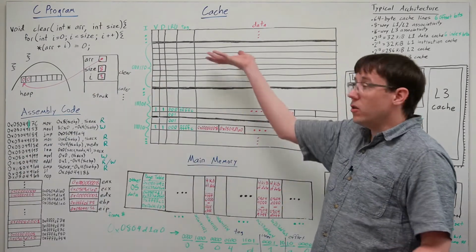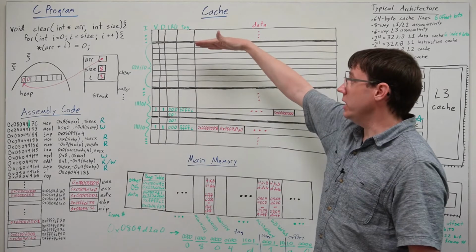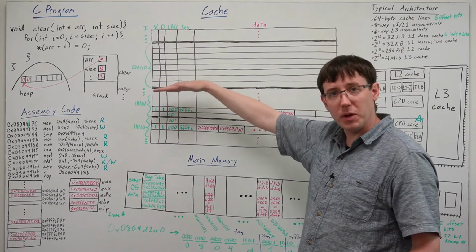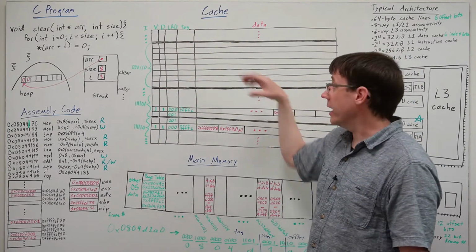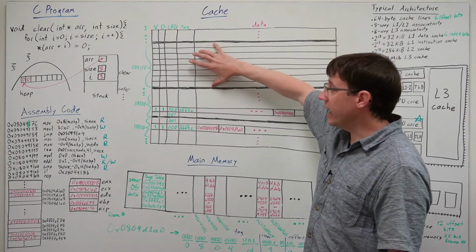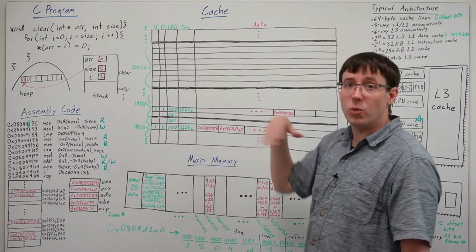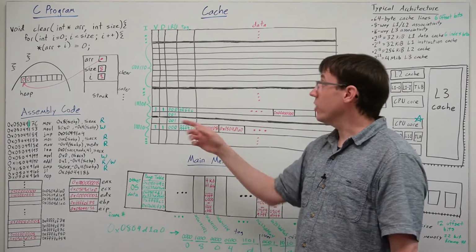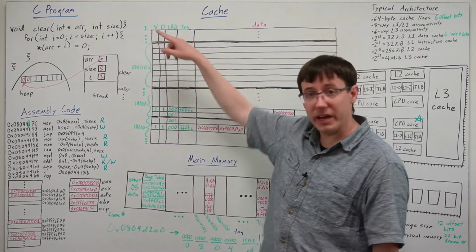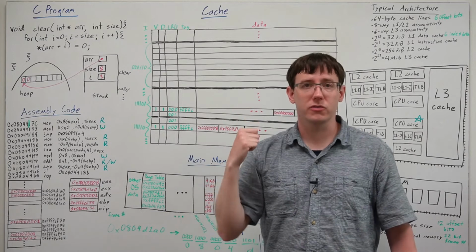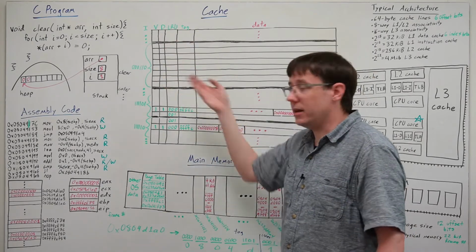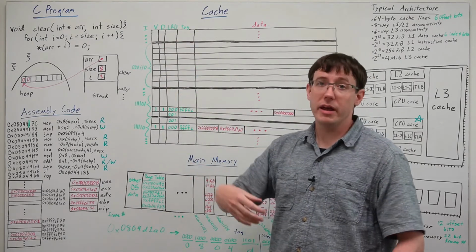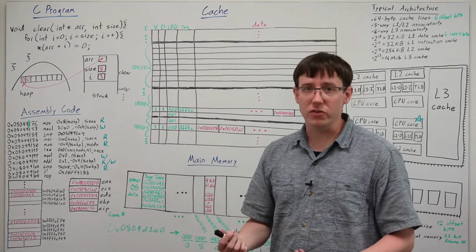Now that we're bringing new data into the cache, we need to use our cache replacement policy to decide among the 8 lines in this set which one is going to be replaced. And we know that if any of those lines are invalid, those should be replaced first. But if all 8 lines in the set are valid, then it will be based on recency which thing we kick out.